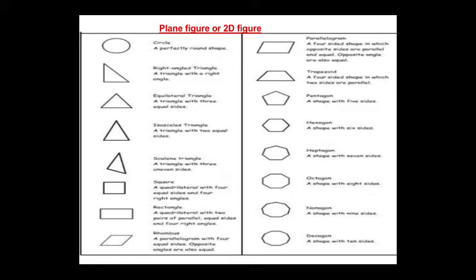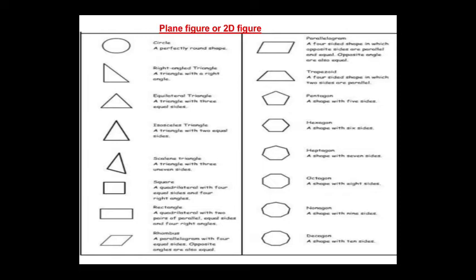In this rhombus, all sides are equal, and opposite angles are also equal. Parallelogram, by the name itself, means opposite sides are parallel. That type of shape you call a parallelogram. A trapezium is a four-sided shape in which only two sides are parallel.